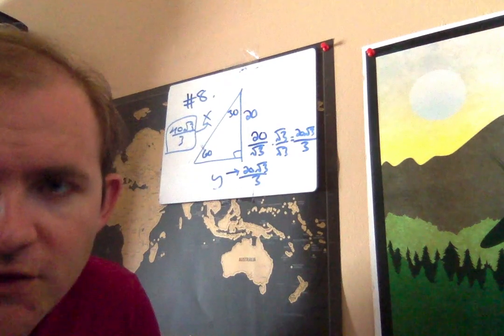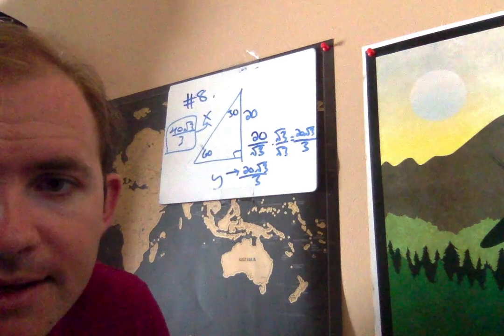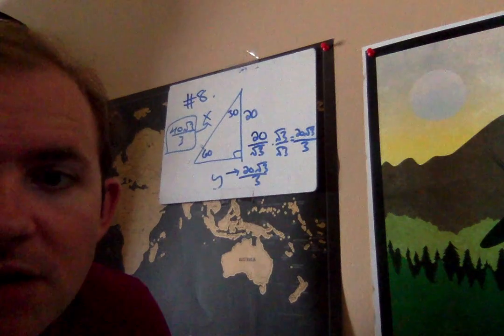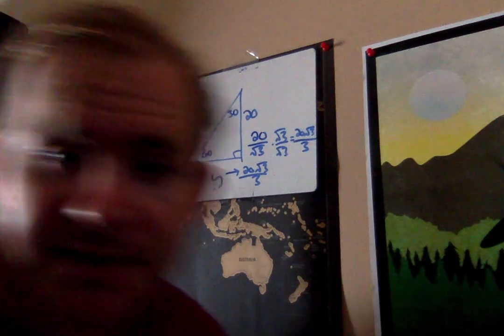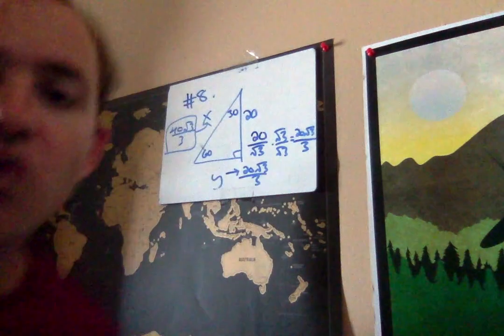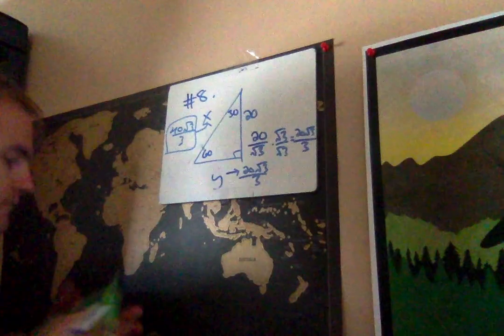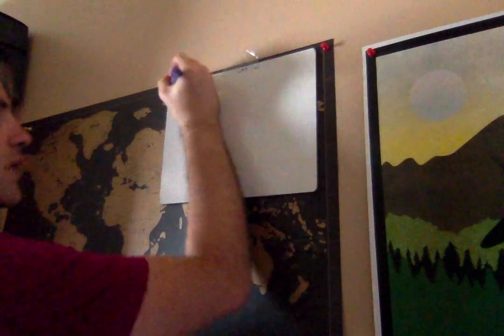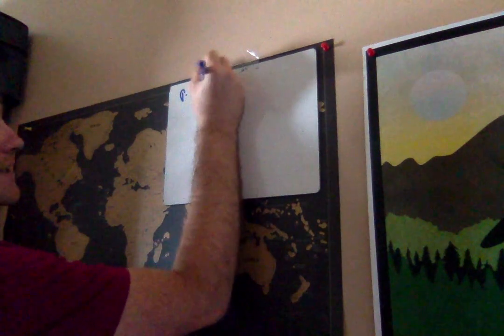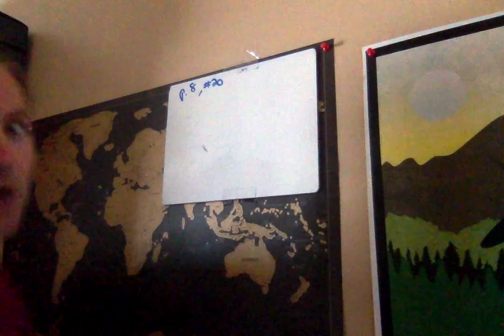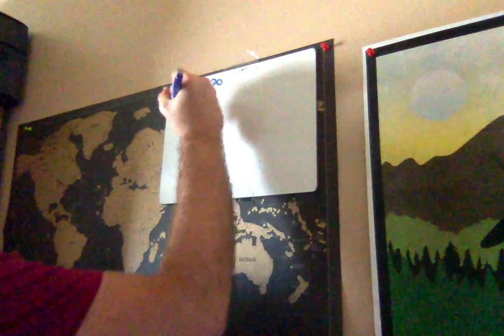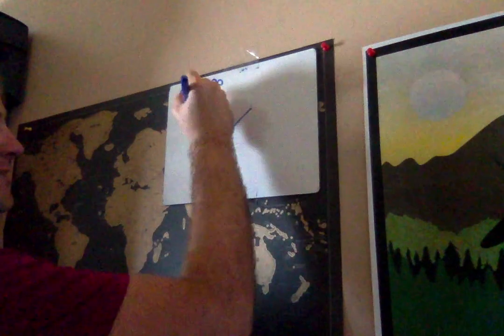If you guys look with me on page number 8, we're going to take a look together at question number 20. Once again, we're on page 8, question number 20. So here's what we got.